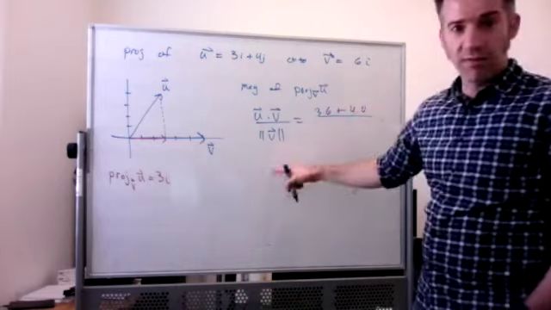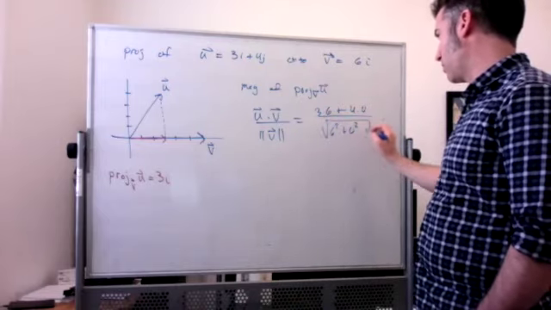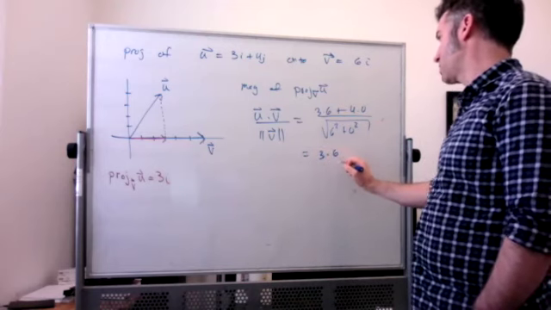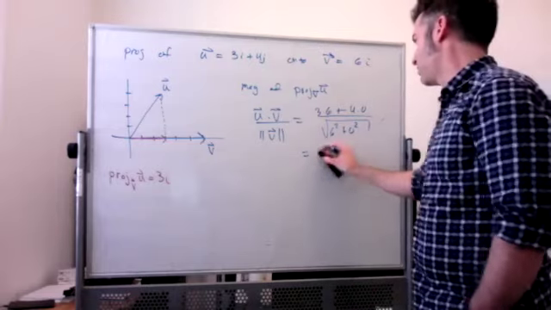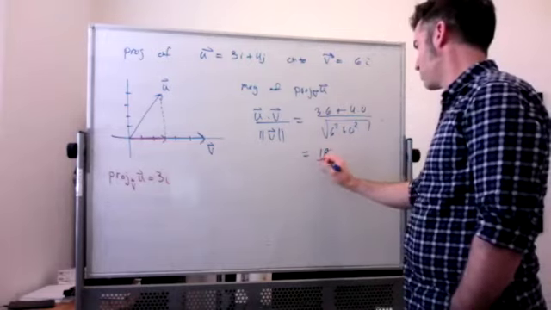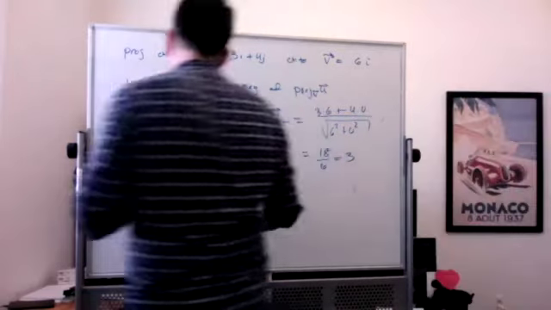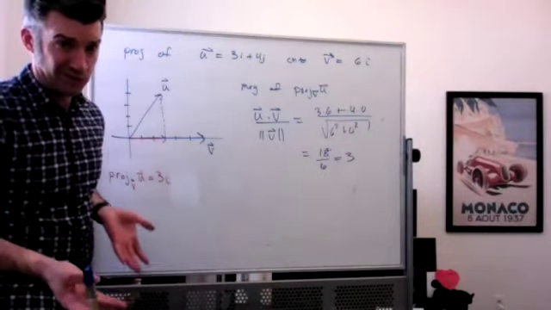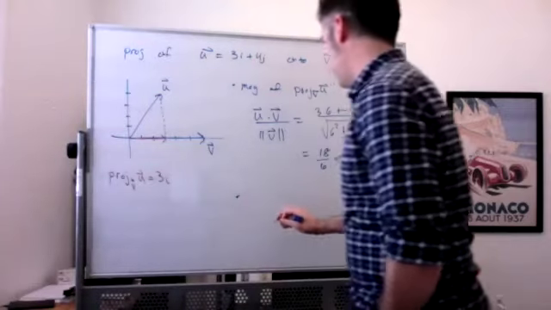The magnitude of v is going to be the square root of 6 squared plus 0 squared. So we're going to get 3 times 6, which is 18, divided by 6, which is 3. No surprise, right? We were pretty sure this was going to be our resulting vector, which definitely has a magnitude of 3.